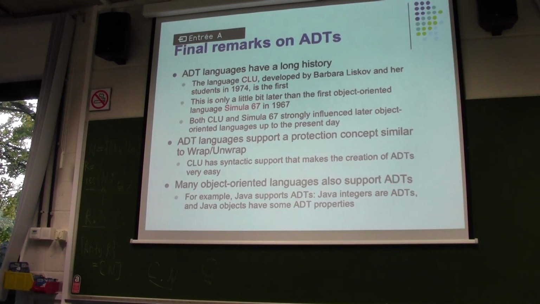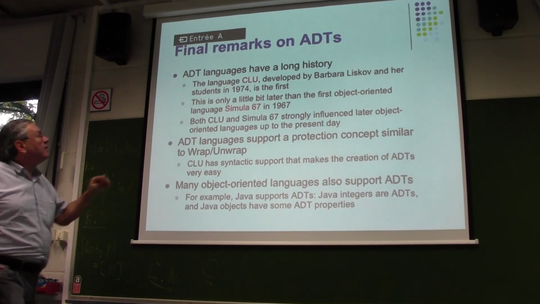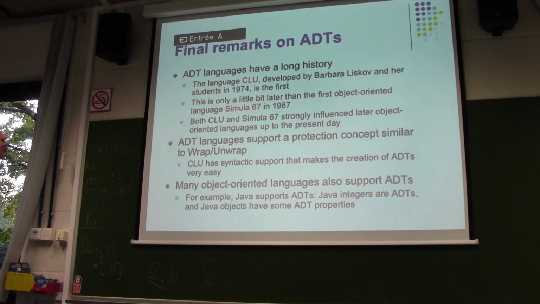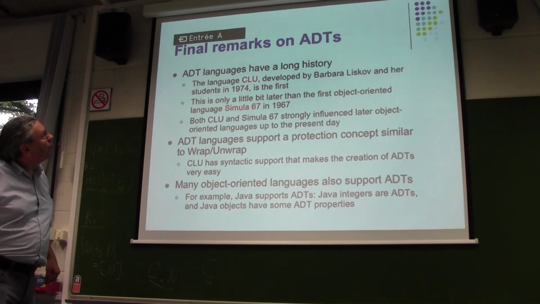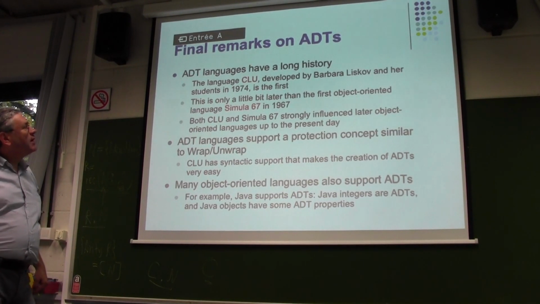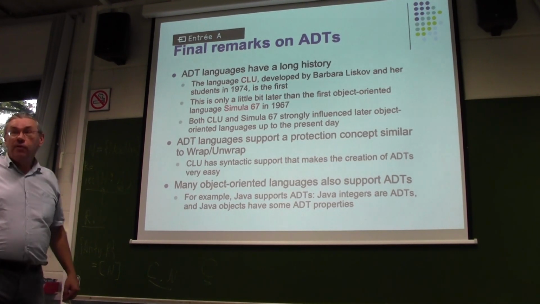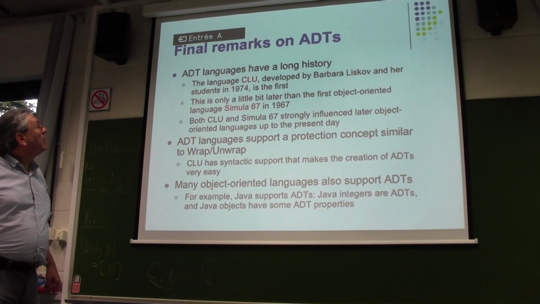There were actually languages developed specifically for it. The most famous one, the first one, is called CLU, which was developed by Barbara Liskov, who did a lot of other things, and later she got the Turing Award, which is the Nobel Prize for computer science.